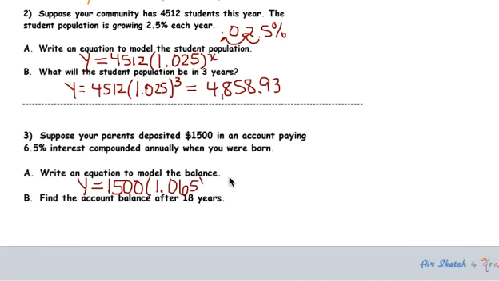Okay, 1.065 to the x power. That's our equation. All right, then find the account balance after 18 years. So here we go. Y equals 1,500 times 1.065, parentheses, to the 18th power.